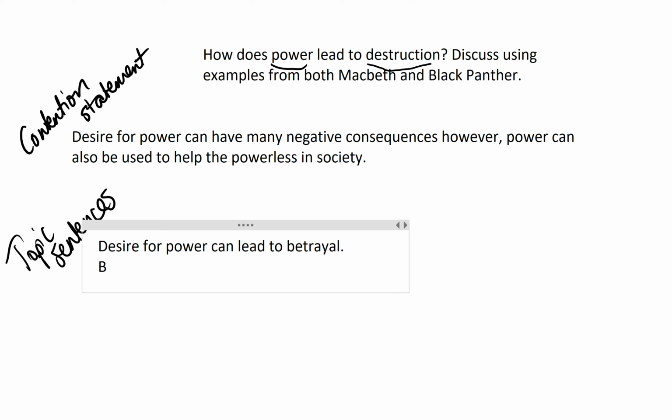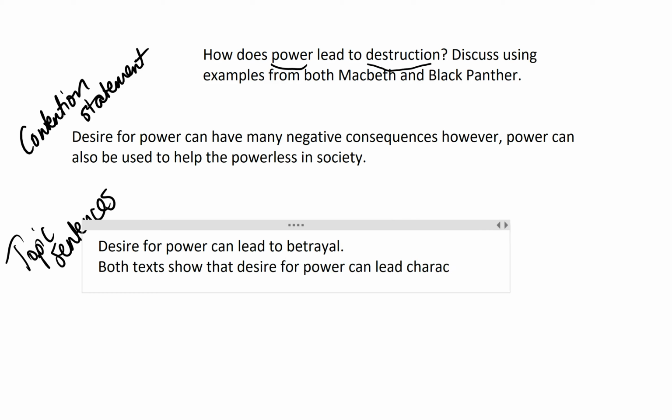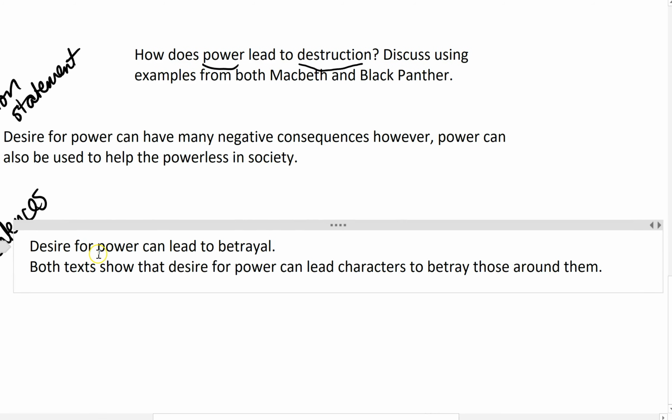So the topic sentence could be desire for power lead to betrayal, or something like both texts show that desire for power can lead characters to betray those around them. All right.